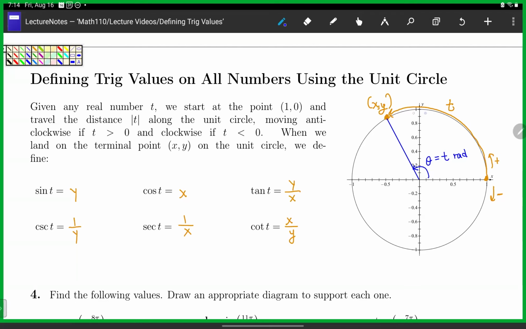because that distance t, since this is a unit circle, since the radius is 1, is the same as the radian measure of the angle. So all of these are the same thing.